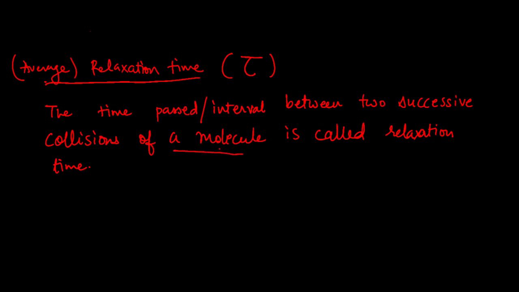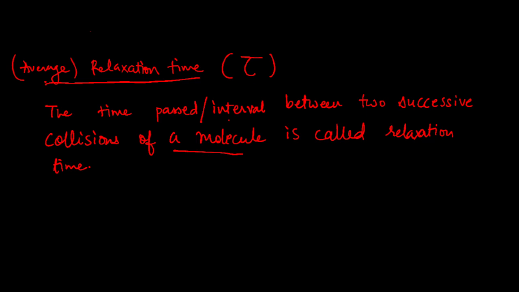For this one molecule, after how much time will the next collision occur. It is an average, because it's not fixed that after one collision, the next one occurs after this much time. Things are random, so it's possible that collision number 2 occurs very quickly after collision 1, and then it might take a slightly longer time for the next collision.